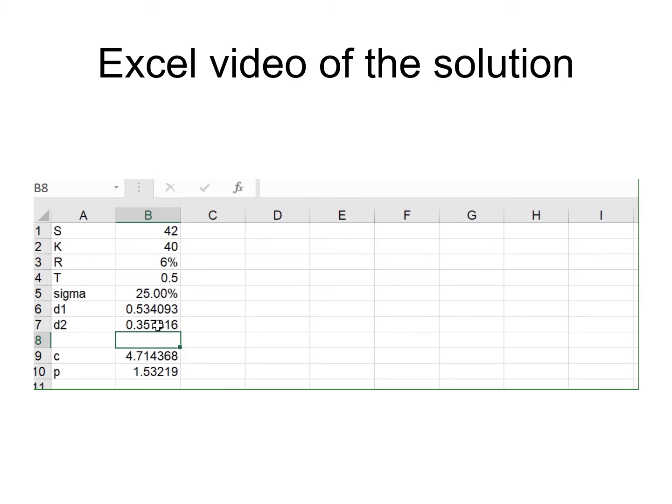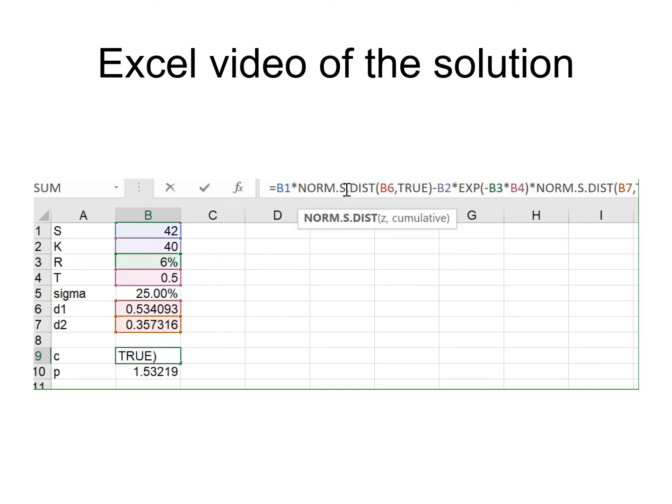With D1 and D2 ready, we can calculate the call price and the put price. First, let's do the call. The call is the share price B1 times N(D1). The Excel function is NORM.S.DIST, which means standard normal distribution, and D1 is B6, right? This function can return two values, either the cumulative distribution or the probability density.